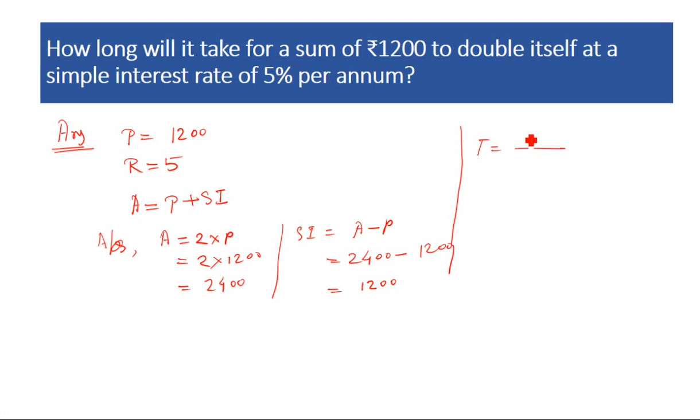T is equal to SI into 100 by P into R, 1200 into 100 by 1200 into 5. Correct answer is 20 years.